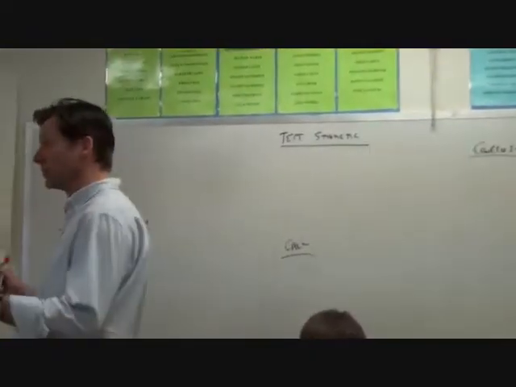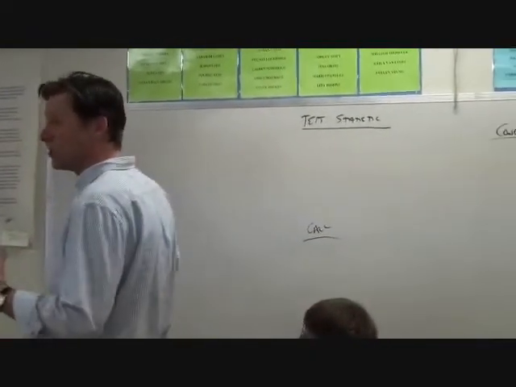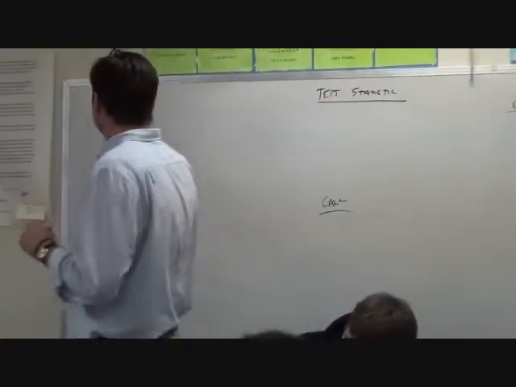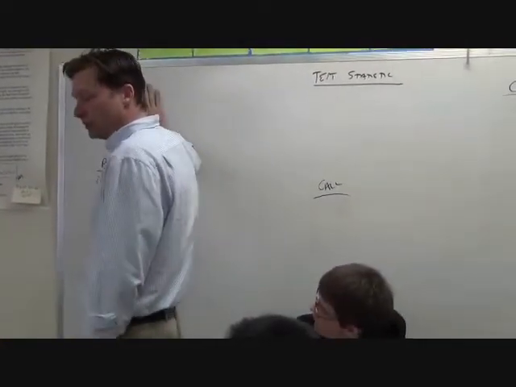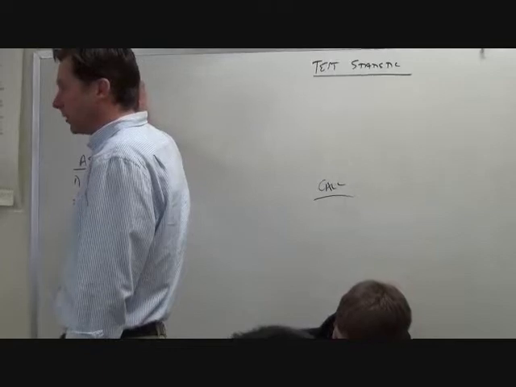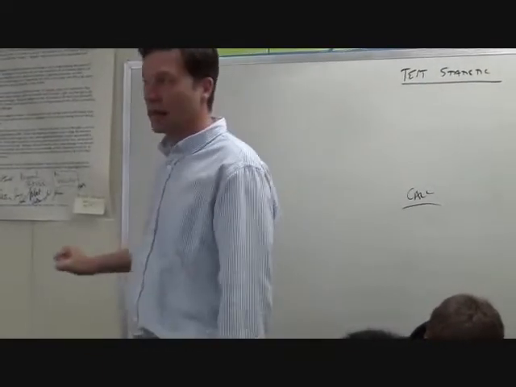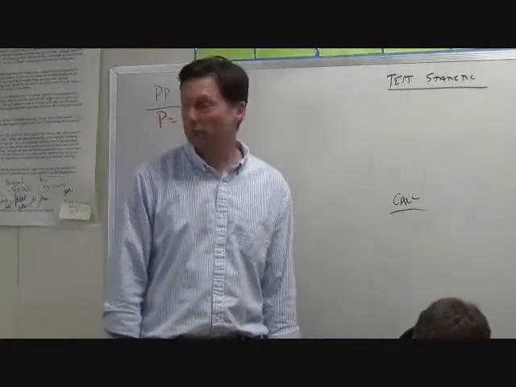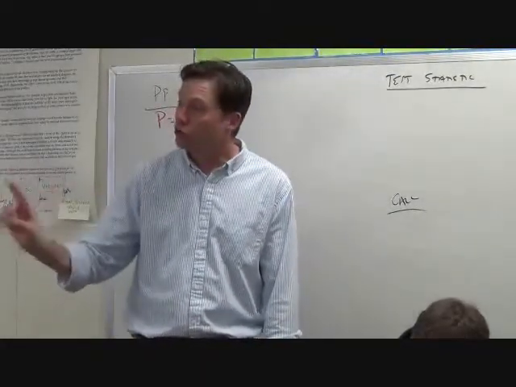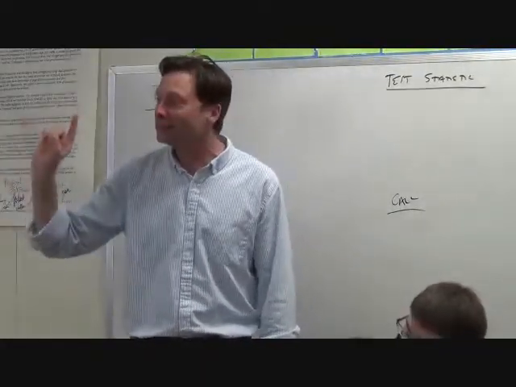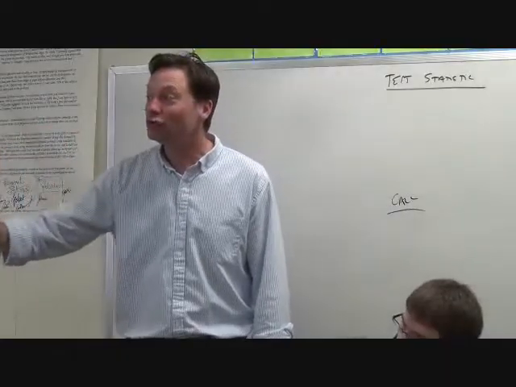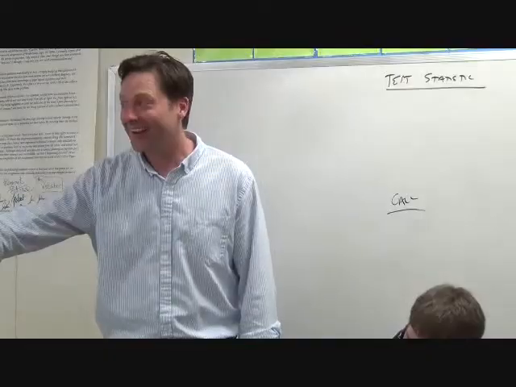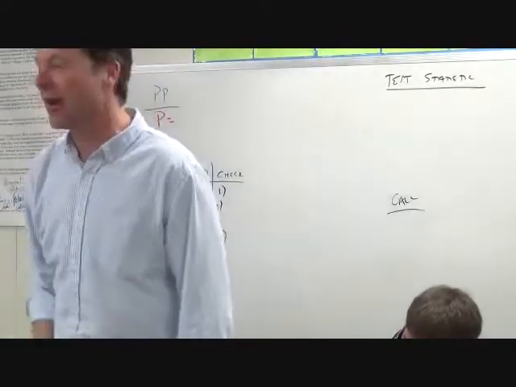Okay, like I said before, we're doing the same stuff we did last chapter. It's just we're using proportions now instead of means. So, population proportion. What are we looking for? The true proportion, right?